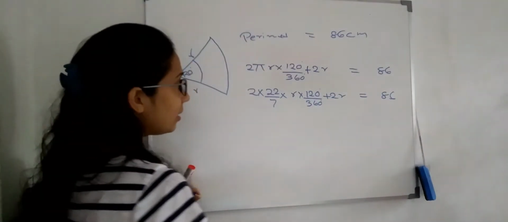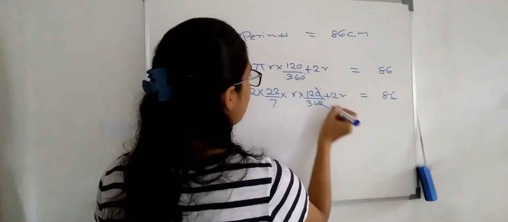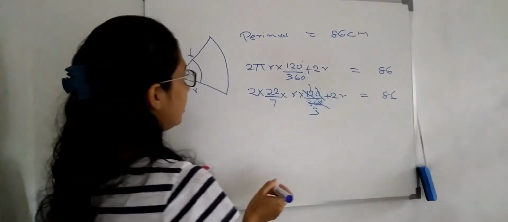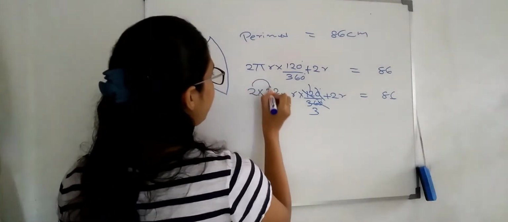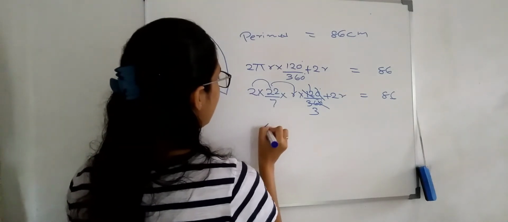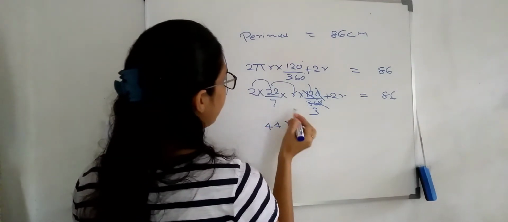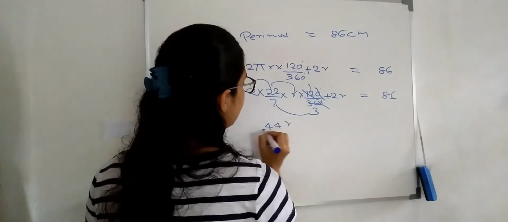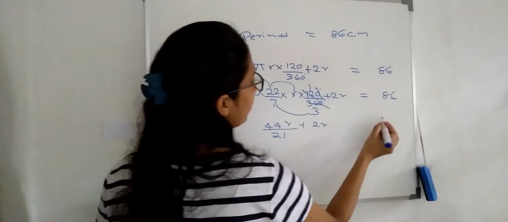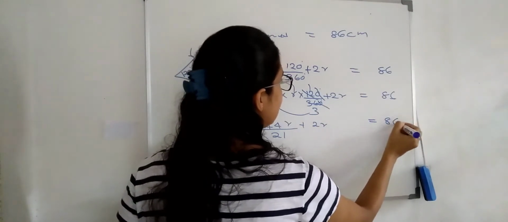Now let's simplify. 120 out of 360 is 1 out of 3. Okay. 2 into 22 into r, what is the answer? 44r. So 3 into 7 is 21, plus 2r equal 86.